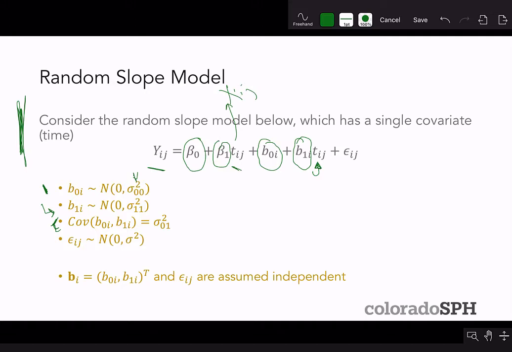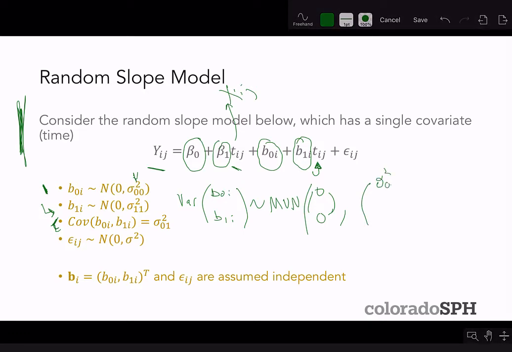So the vector of random effects, beta 0i and beta 1i, follows a multivariate normal distribution with mean 0 and the given variance covariance matrix of sigma squared 0,0, sigma squared 1,1, and sigma squared 0,1.